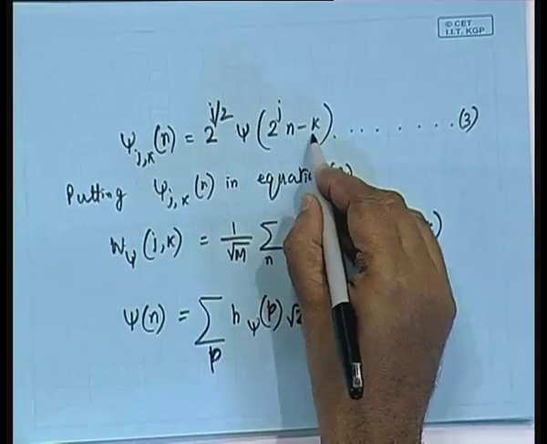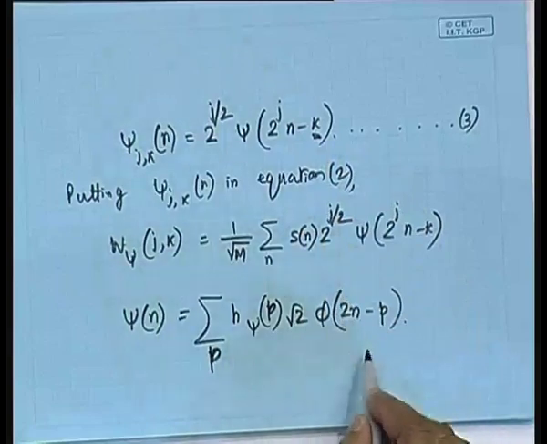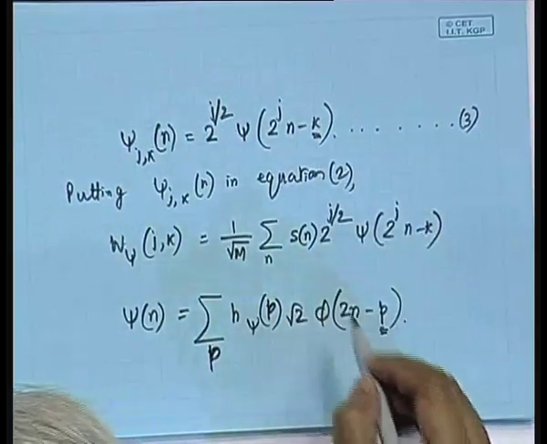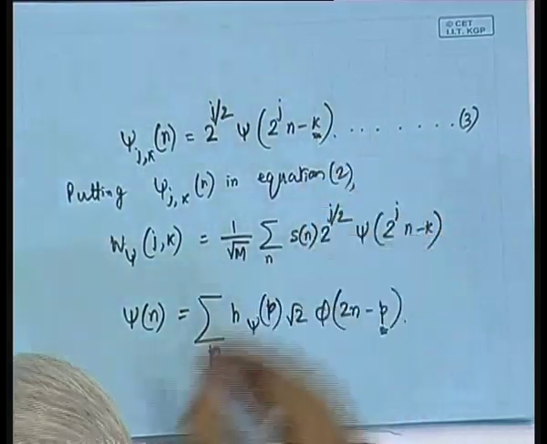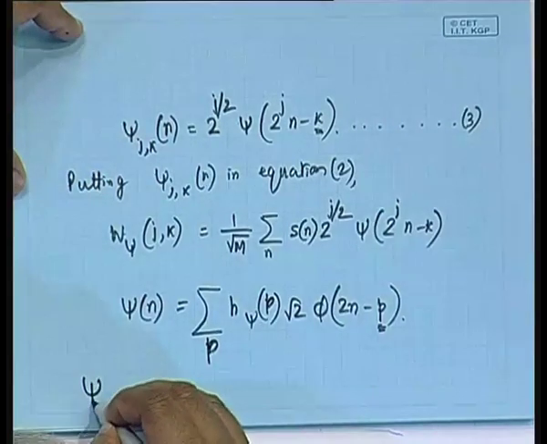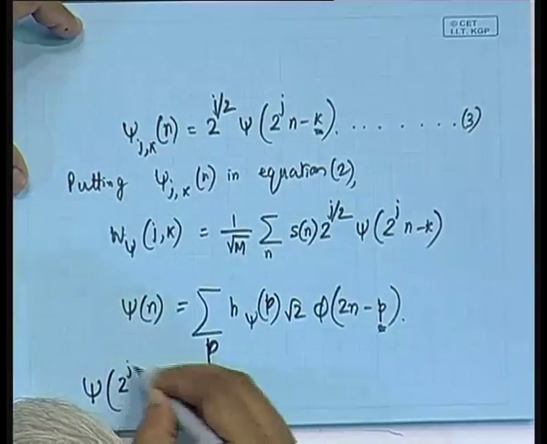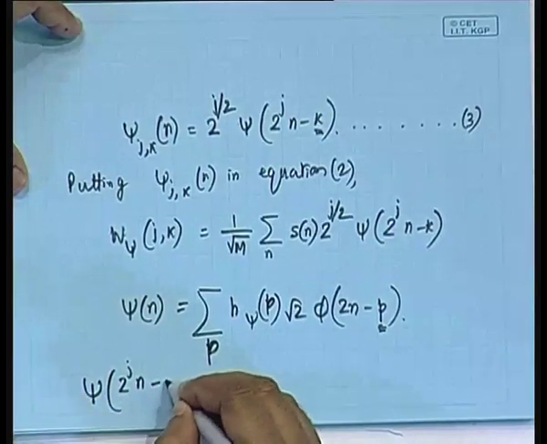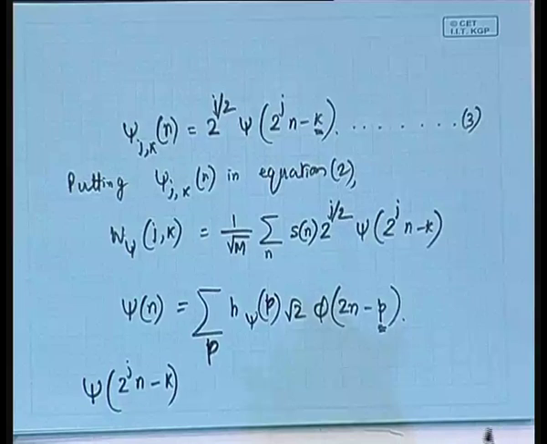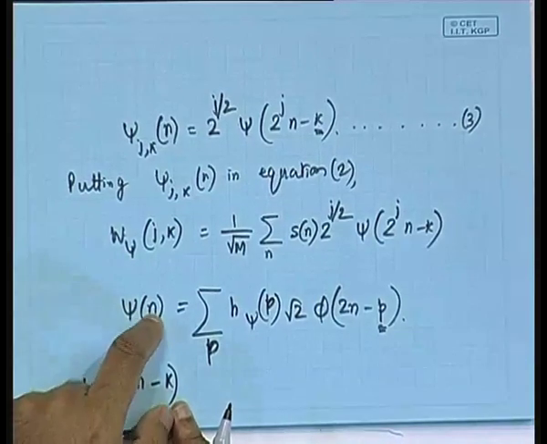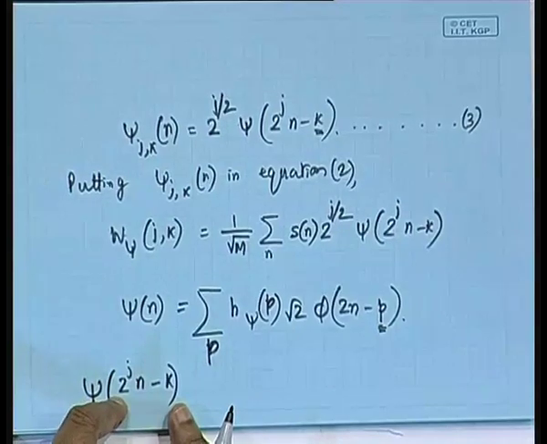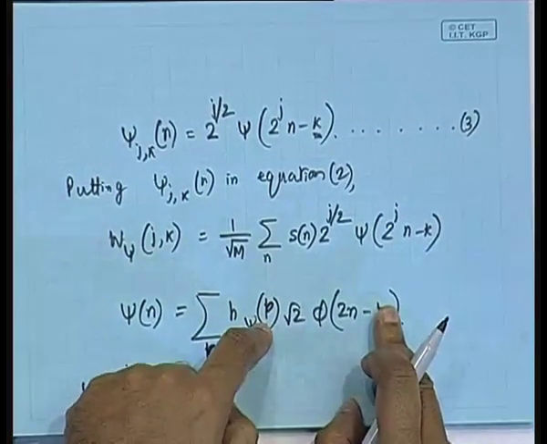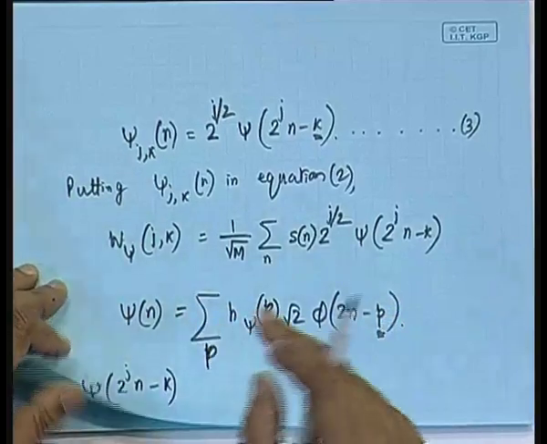Because k I am already using as a shift parameter, I wanted to give a different shift parameter over here so that you do not get confused with the two k's. So, what I want to do is to get psi of (2 to the power j n minus k). What I have to simply do is replace this n by 2 to the power j n minus k and put it in this equation. So, what do we obtain?